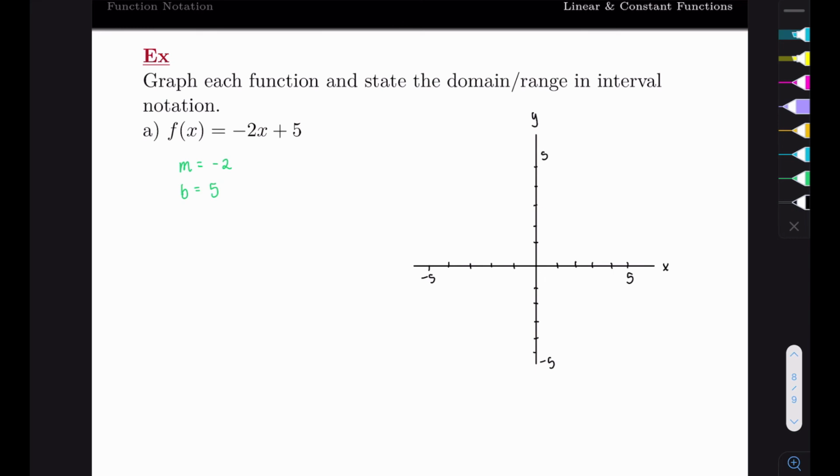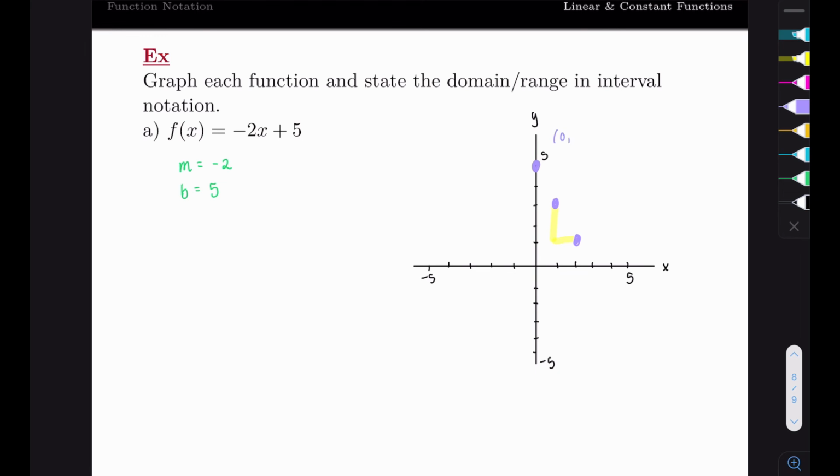So remember, we start by plotting our y-intercept, which is up here at positive 5. And then our slope is negative 2, so that means we go down 2 over 1 to get another point on our graph. Then I can do it again. We go down 2 over 1, and here is another point on our graph.